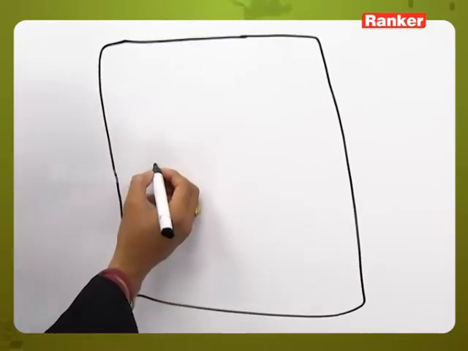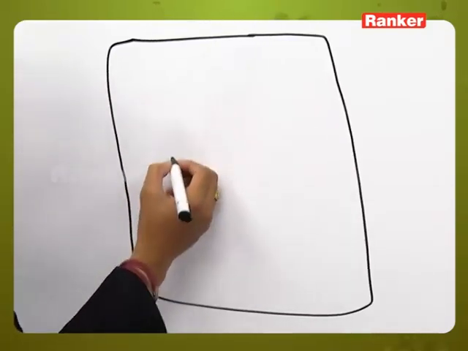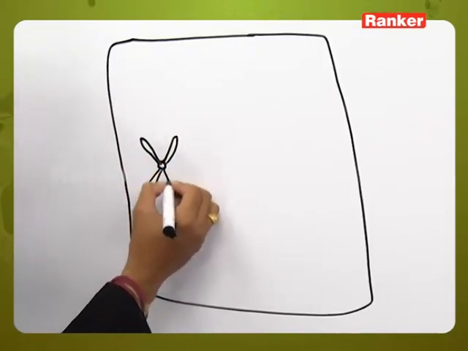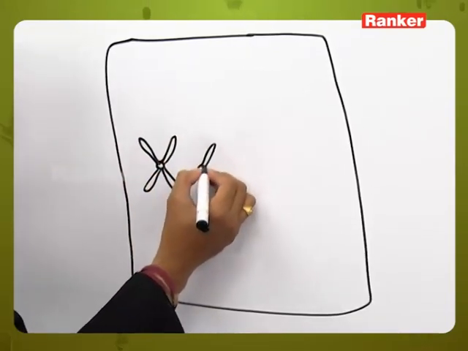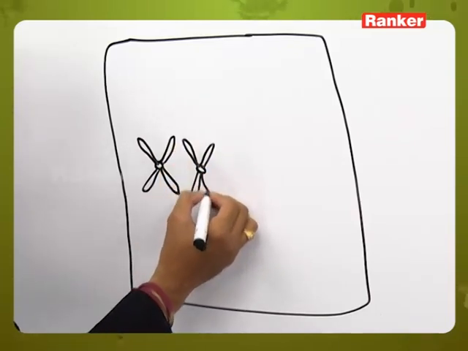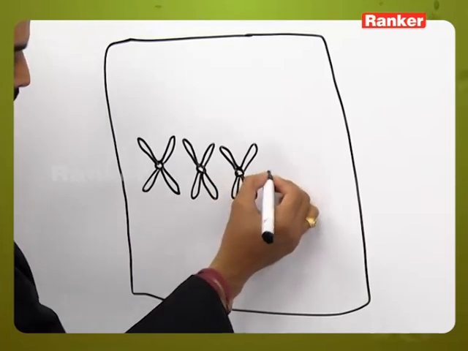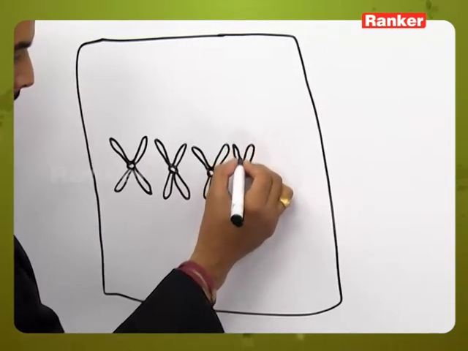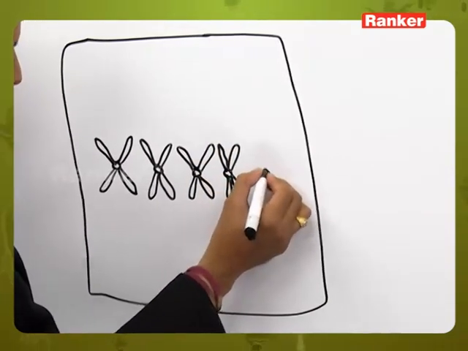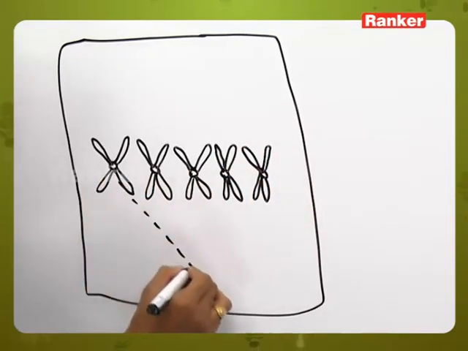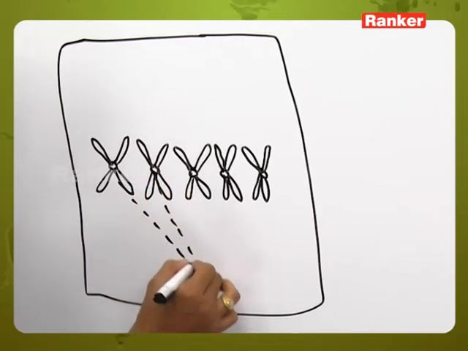where the chromosomes are arranged on the metaphasic plate during the metaphase stage. So this is a bipolar spindle.